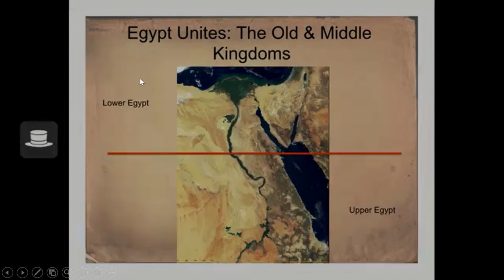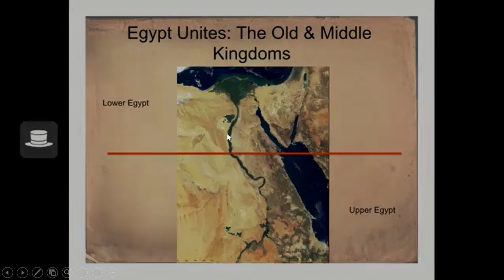for quiz and test purposes. You have Upper Egypt and Lower Egypt. Now, this does get a little confusing sometimes for some, because it's easy to get mixed up. Lower Egypt is actually in reference to the Nile River.